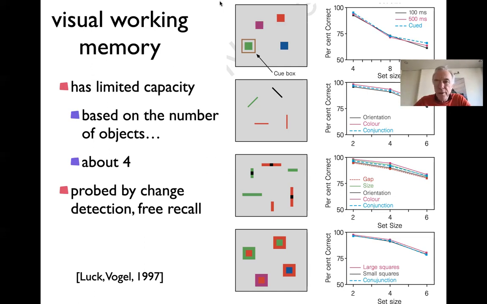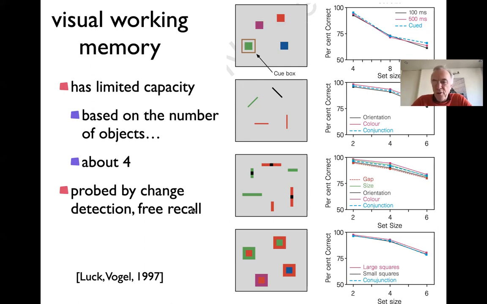So good. Let's go back to this working memory issue. One thing I want to get out right away is that these working memories have limited capacity. That's a very famous fact. There was some historical evolution about what that capacity actually is.